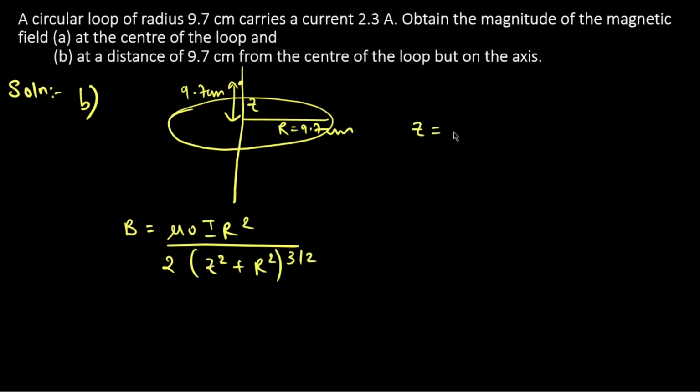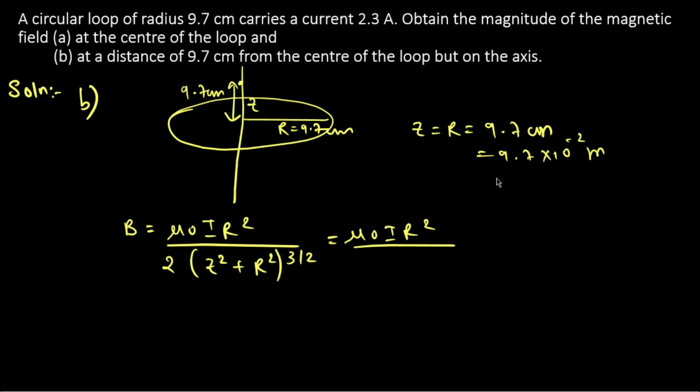Here the value of z and r is equal, that is 9.7 centimeter, which can be written as 9.7 into 10 raised to minus 2 meters. Since this is the same, we can write this as mu naught I r square. I can write z square as r square, so this will be 2r square.